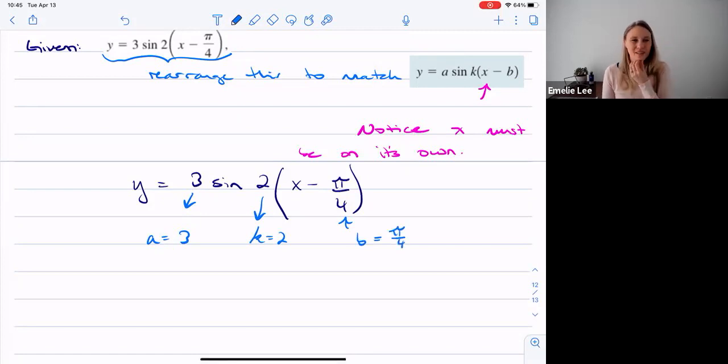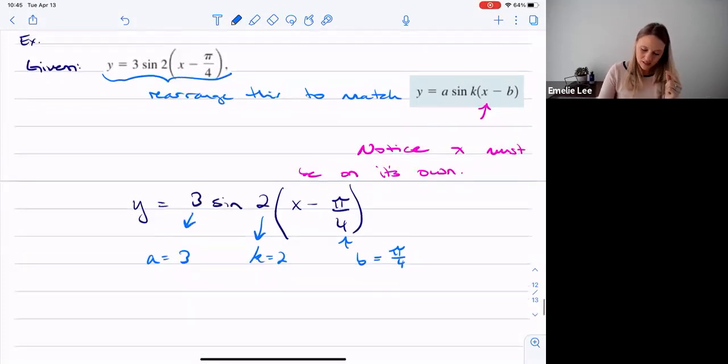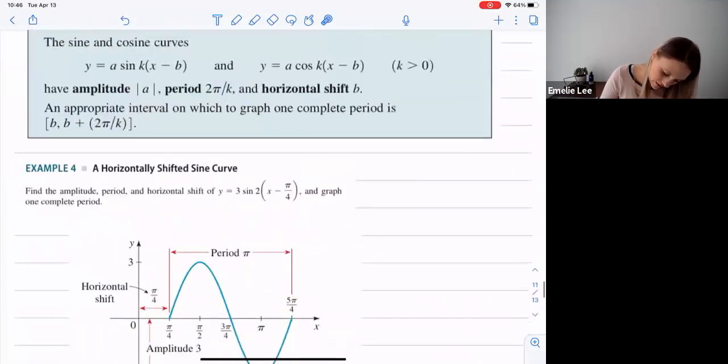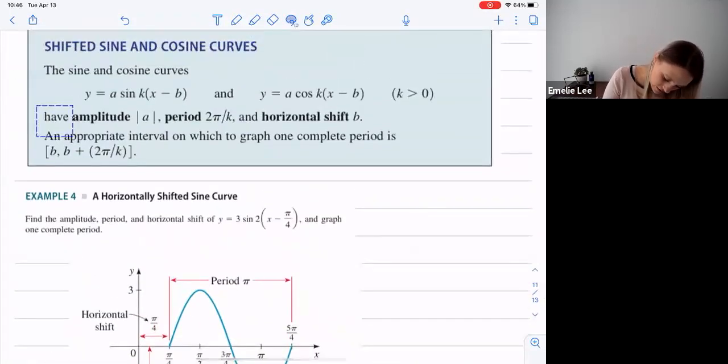Okay. So now I can take this a, k, and b, and I can construct my amplitude, my period, and my phase shift.